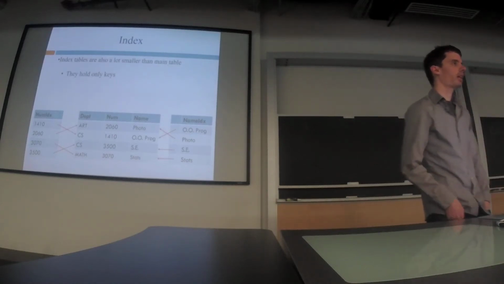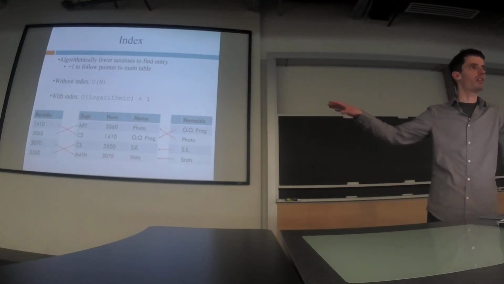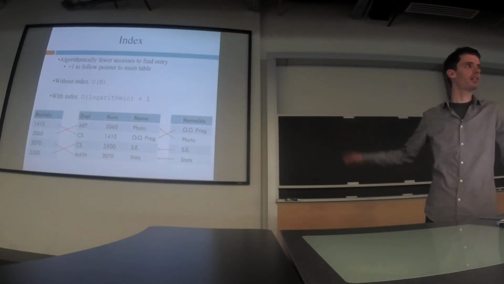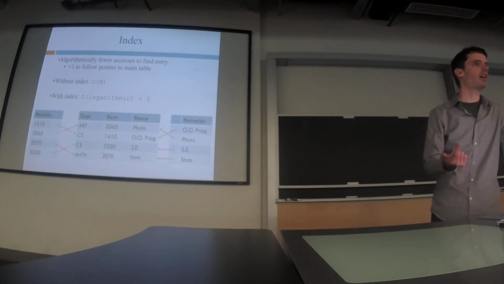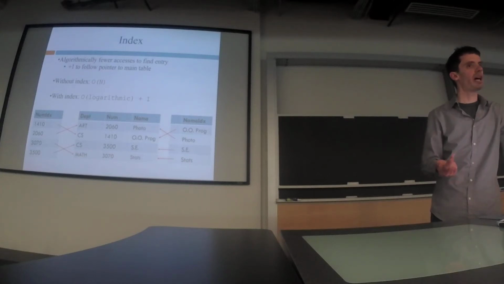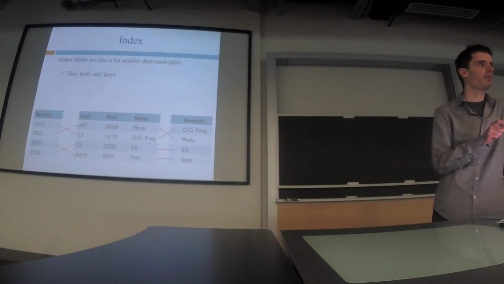Okay, so another thing about this is, it looks like we've made the problem worse. We've added more data that we now need to load. But we've gained huge wins in the algorithmic, complexity department. And it's not as bad as it looks because these index tables are actually very small.